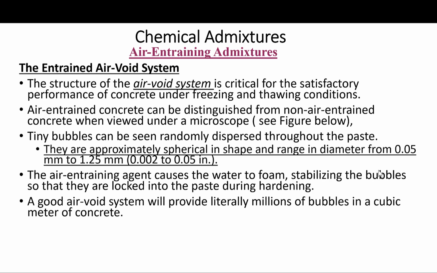If you look at a cross-section, you cannot tell the difference, because of the fineness of the bubble system. When viewed under a microscope, as in this figure right here, tiny bubbles can be seen randomly dispersed throughout the paste.